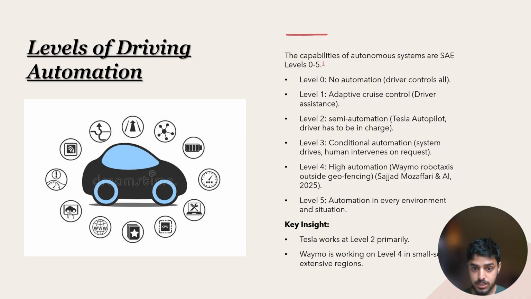Level 3 allows conditional automation, while level 4 enables high automation in controlled environment. Waymo operate at level 4, providing fully automated robotaxi service within the mapped cities. Level 5 is the ultimate goal, full automation under all conditions. No company has reached it till now.